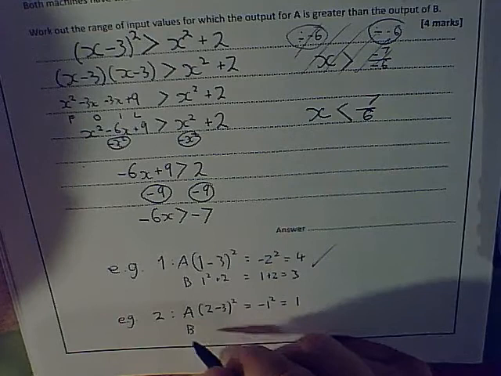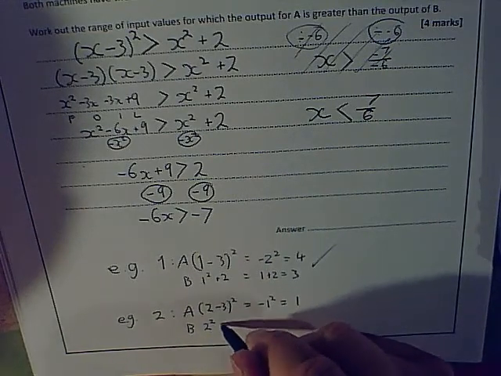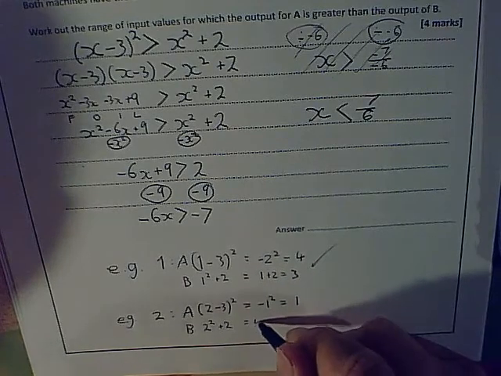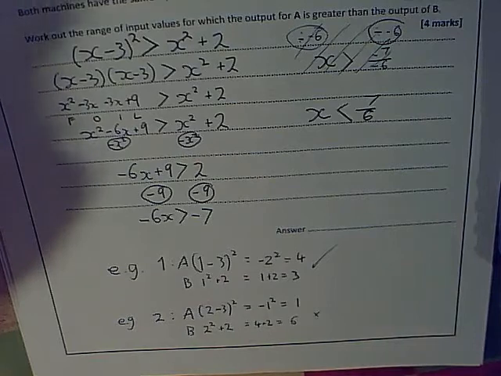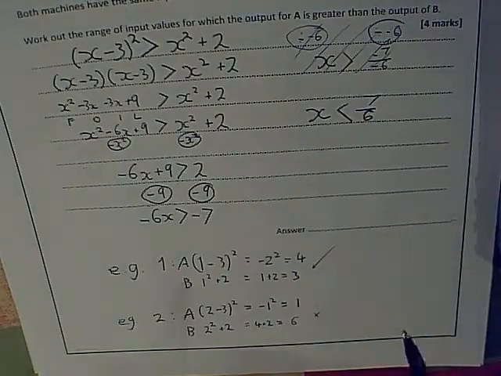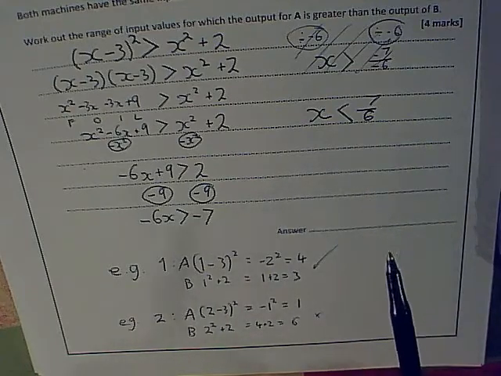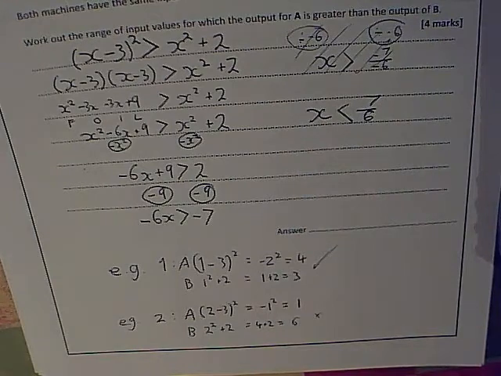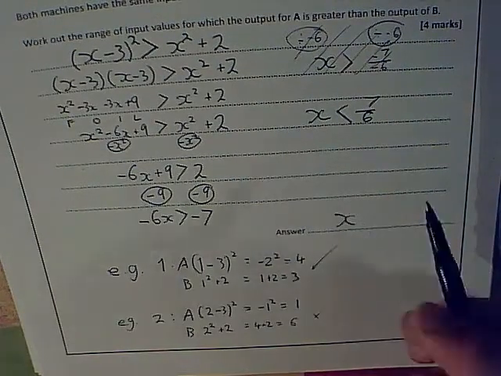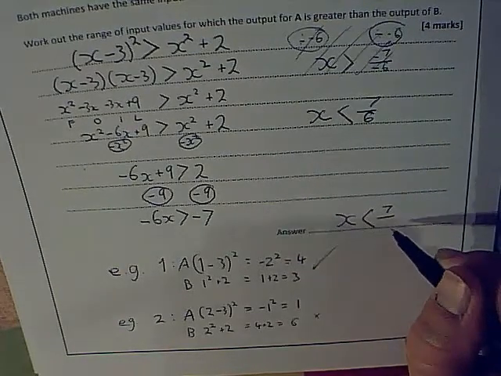For B, that gives me 2 squared plus 2, which equals 4 plus 2, which is 6. So it doesn't work for that value. Anything less than 7 over 6 is what we're looking for. So I just need to write that in here: x is less than 7 over 6.